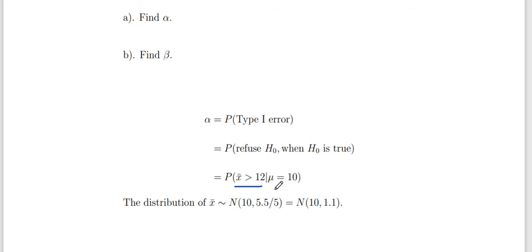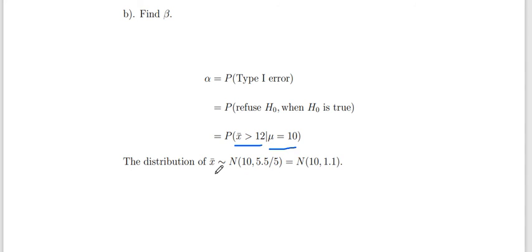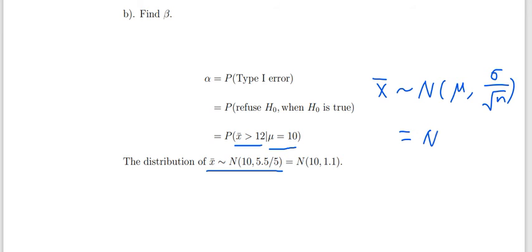When H0 is true, mu equals 10. If we know mu, then we can find the distribution for x bar. X bar follows a normal distribution with mean mu and standard deviation sigma over radical n, so mu equals 10.